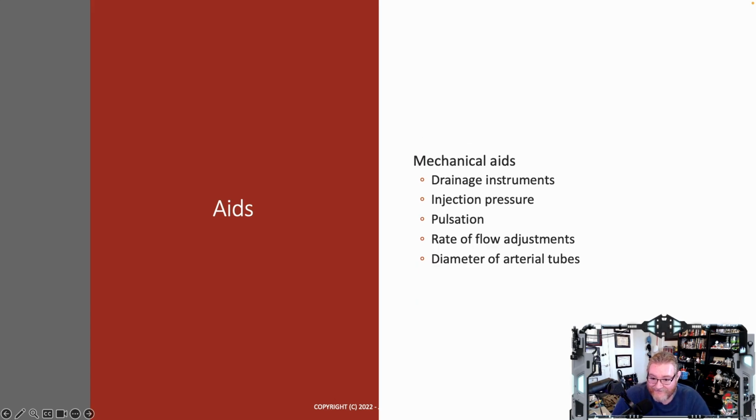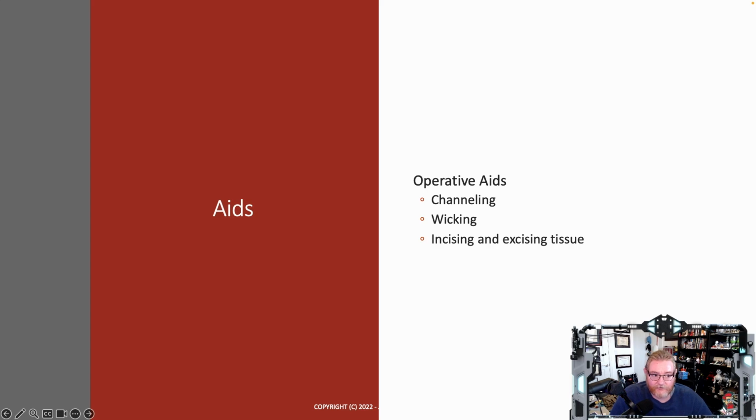The following are examples of mechanical aids: drainage instruments, injection pressure, pulsation, rate of flow, diameter of arterial tubes. Last, we have operative aids: channeling, wicking, incising, and excising tissue.